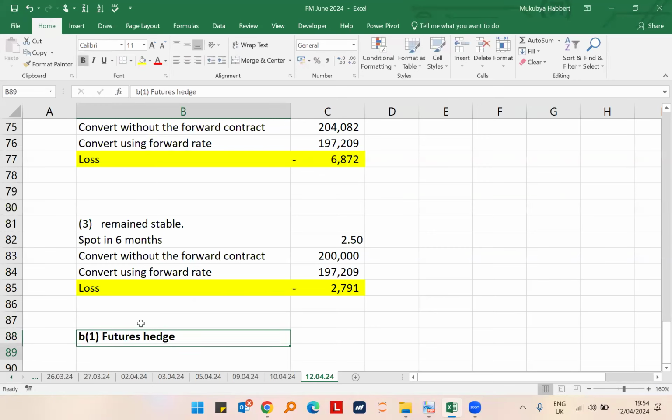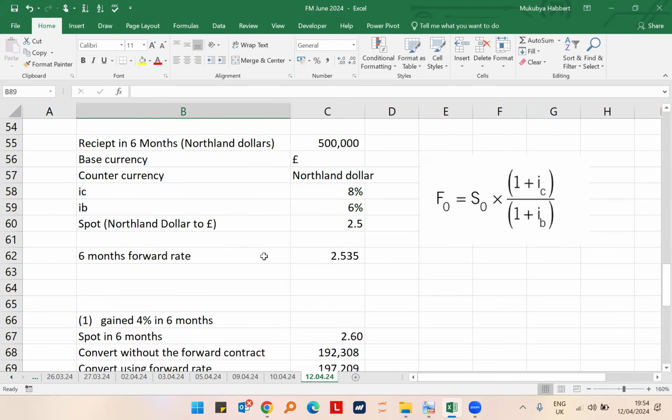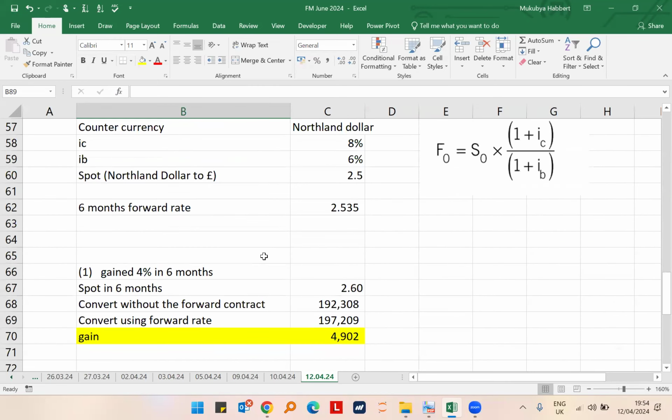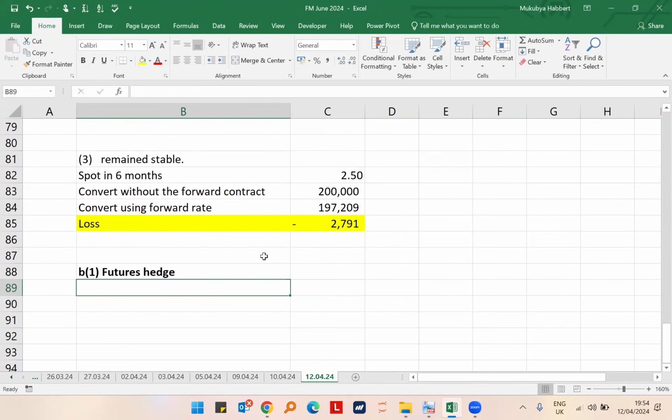So just like what we have just done before in the question, remember that this is a receipt. Because it is a receipt and we are receiving the Northland dollars, when we divide them by the rate, we are worried that that rate has increased.